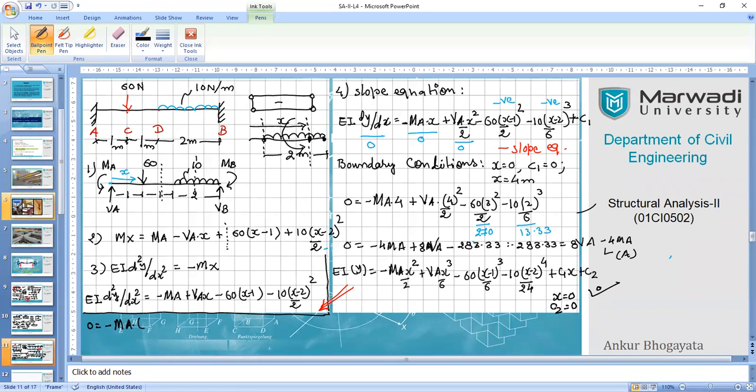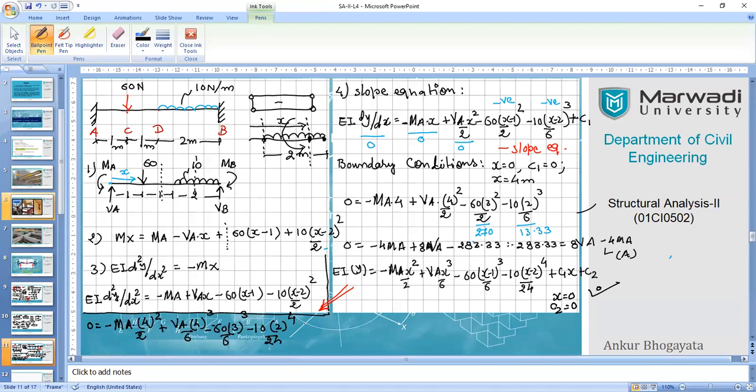We know that x is 4 now, so 4 squared by 2, plus VA into 4 cubed by 6, minus 60 into 4 minus 1, which is 3, so here it is cubed now, by 6, and finally 10, it's 2 because 4 is there, so raised to 4 upon 24.